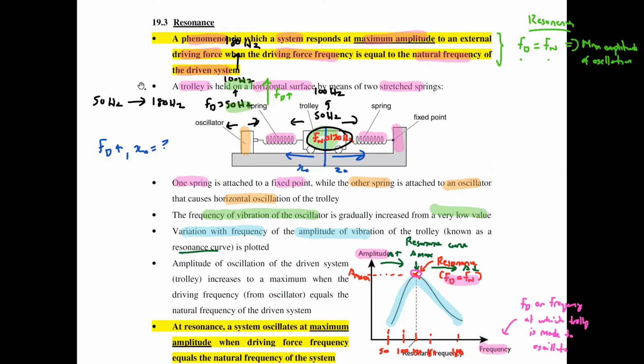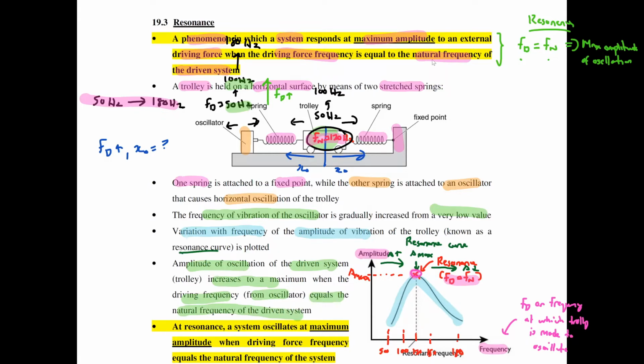But when you increase your driving frequency from a low value to a high value, one of your driving frequencies will match your natural frequency. That's the point where your system oscillates at maximum amplitude, where we say that your system is undergoing resonance. In the notes, one of the statements says the amplitude of oscillation of the driven system will increase to a maximum when the driving frequency from the oscillator equals the natural frequency of the driven system.